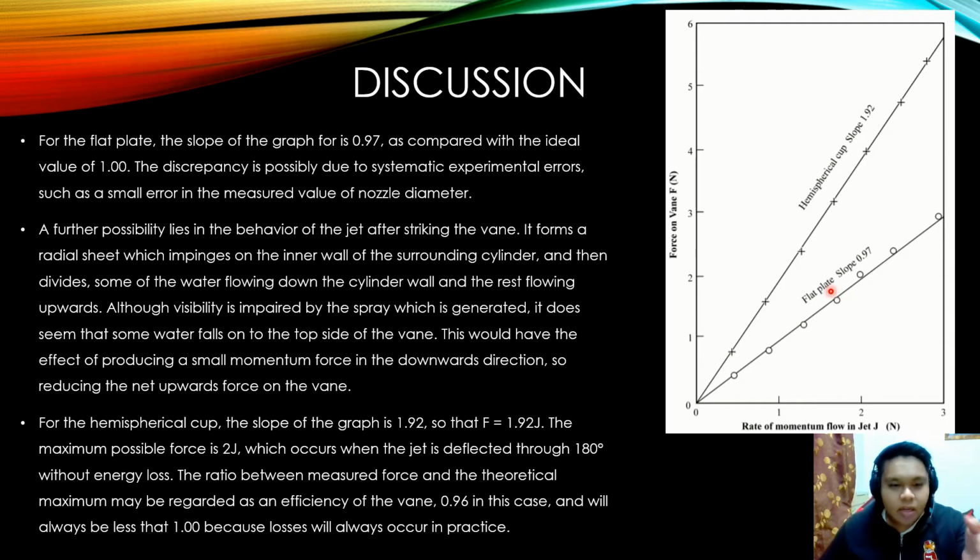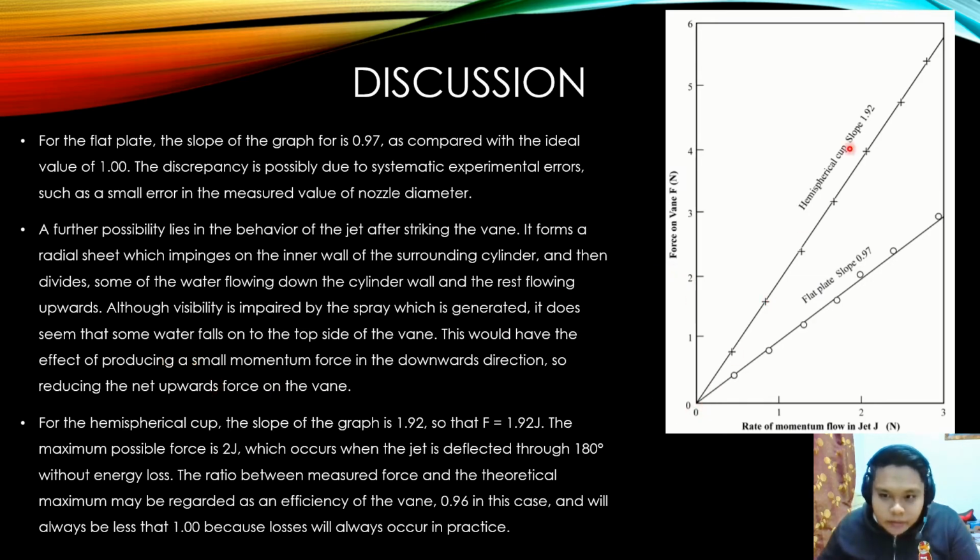It forms a radial sheet which impinges on the inner wall of the surrounding cylinder and then divides, with some of the water flowing down the cylinder wall and the rest flowing upwards. Although visibility is impaired by the spray which is generated, it does seem that some water falls on the top side of the vane, which would have the effect of producing a small momentum force in the downwards direction, so reducing the net upward force on the vane.